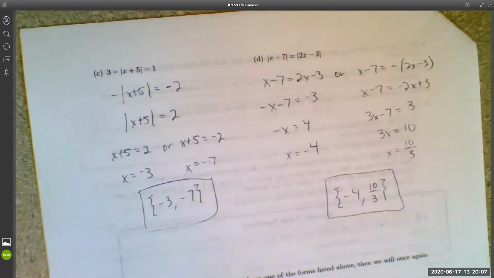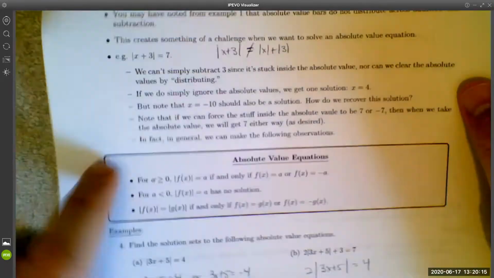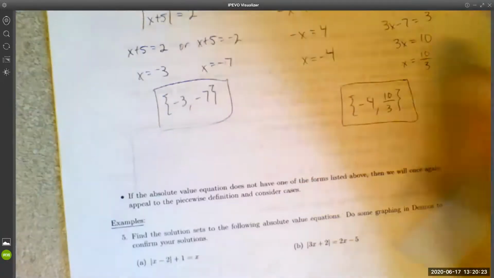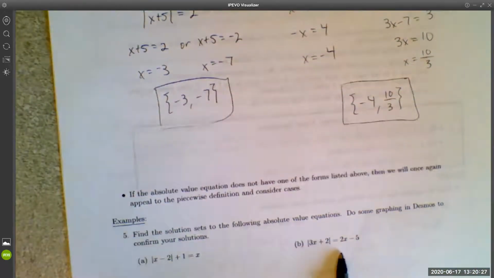Okay, so that's how you solve these absolute value equations when you have one of these simple cases. What if you don't have a simple case? What if you have something that looks like this or like that? What do you do with those?